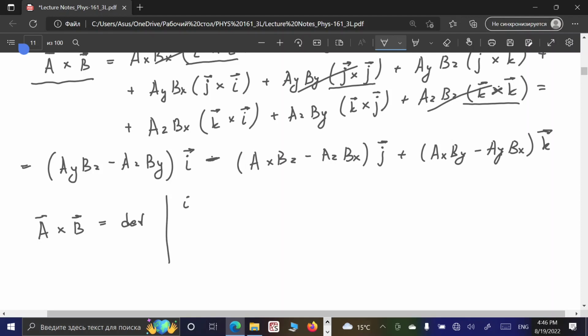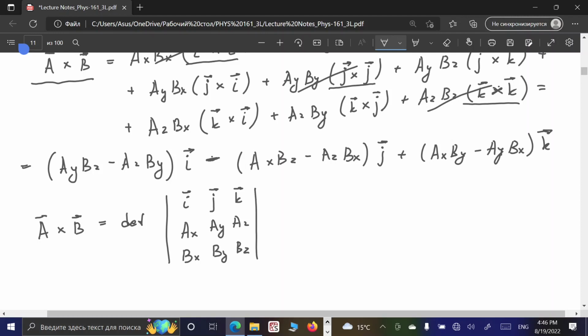It is i unit vector, j unit vector, k unit vector. Here we have ax, ay, and az. And here we have components for the second vector in this cross product, bx, by, and bz.